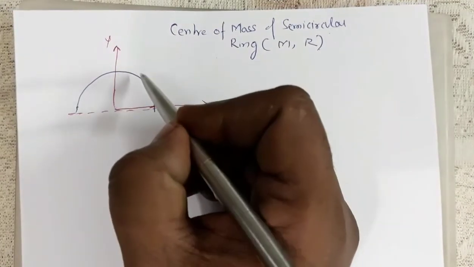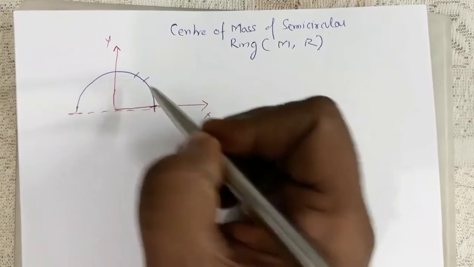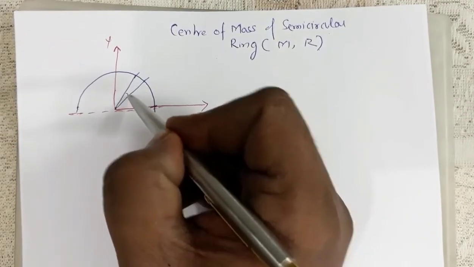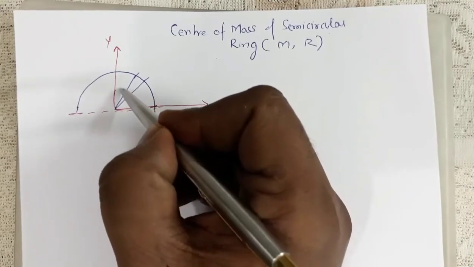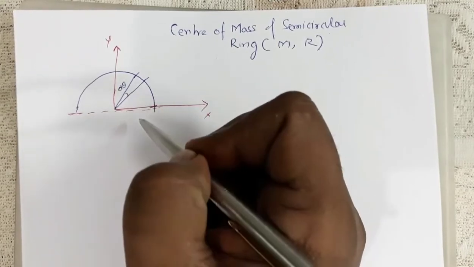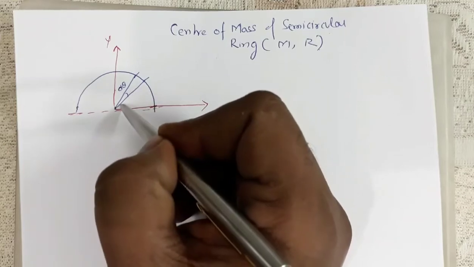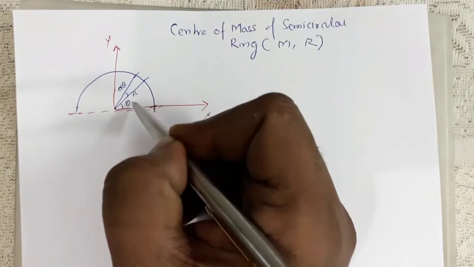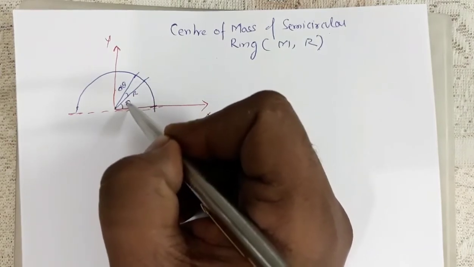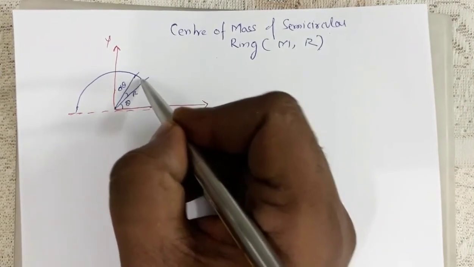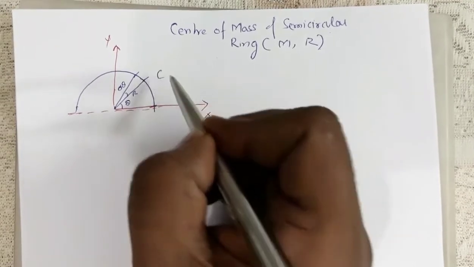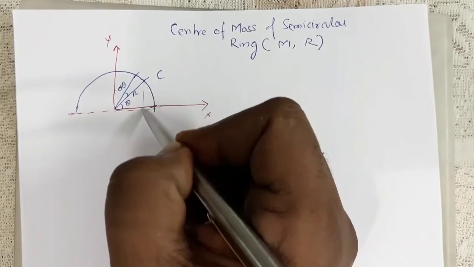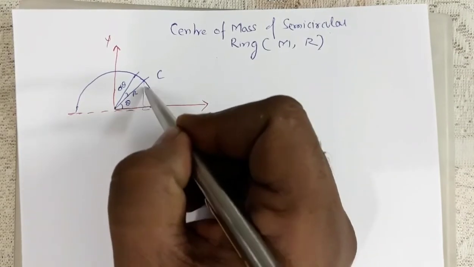Now let's say this is one small element which subtends a small angle d theta at the center. The radius is r, this angle is theta. So this is a small element. The small element will have, if this is r cos theta, this is r sin theta.